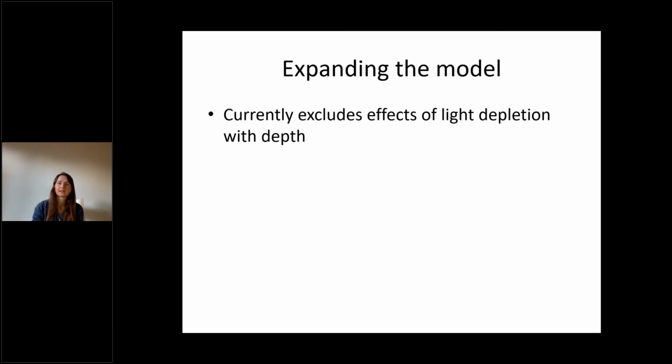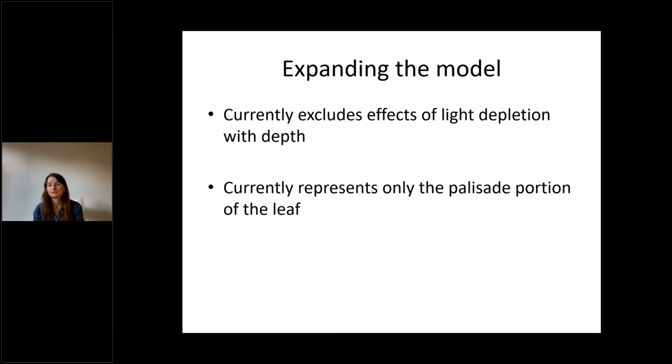So as I mentioned, one thing the model currently doesn't include is effects of light depletion with depth in the leaf. So that's something that we could look to try and add to the model and see if that would help to ensure a more accurate prediction of CO2 uptake.